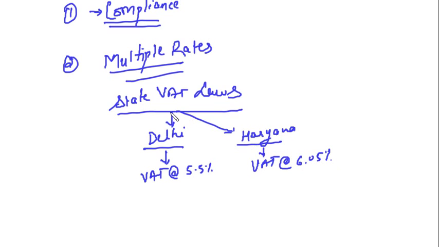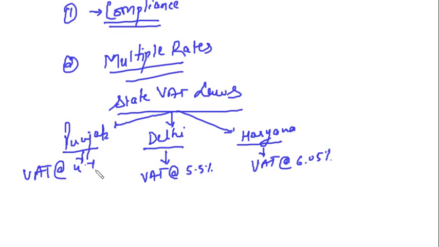And then if you go to Punjab, there it might be taxed at VAT at the rate of 4%. So for a single product in the country, there were multiple tax rates.